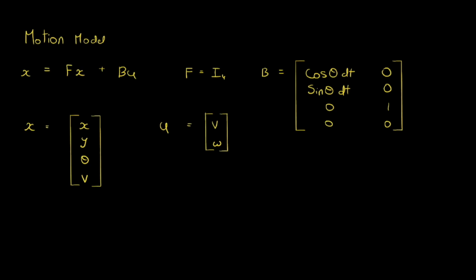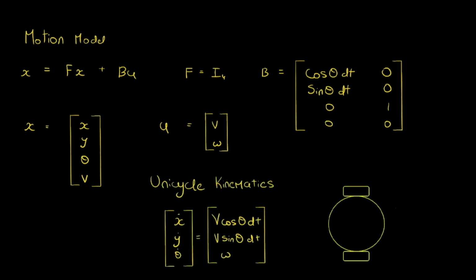Because of its non-linearity, F would be the identity matrix, as we don't have any linearization, and B is equal to cos theta, sin theta, dt, with our state as x and y as position, theta as yaw, and v as velocity, and we will be giving our u as velocity and omega. So finally, we will see our unicycle model as v cos theta, v sin theta, times the timestep we are going through, and omega.